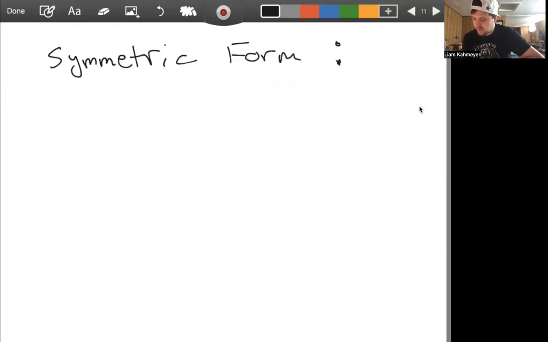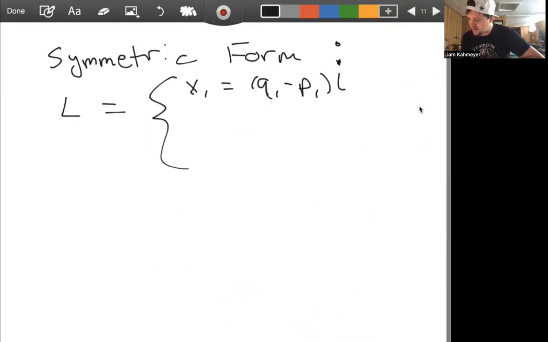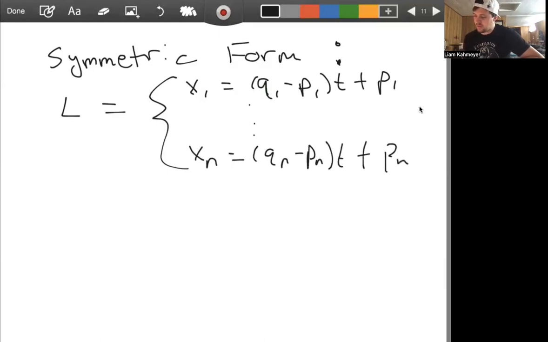Right? And so if we have a line L that we learned was given by x1 equals (q1 minus p1)t plus p1 all the way down to xn equals (qn minus pn)t plus pn, right? Well, if we solve each of these for t, what would we get in the first one? We would get (x1 minus p1) over (q1 minus p1).